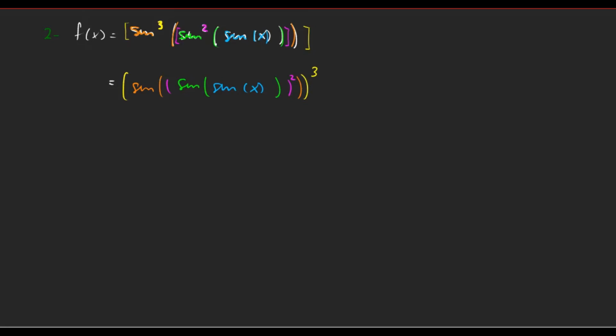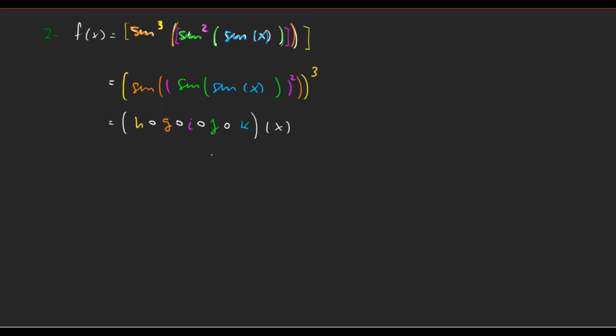So once we've written this like this, we kind of have our functions. We're going to have a function h composed with a function g composed with i, composed with j, and finally composed with k. And this is all just evaluated in x.